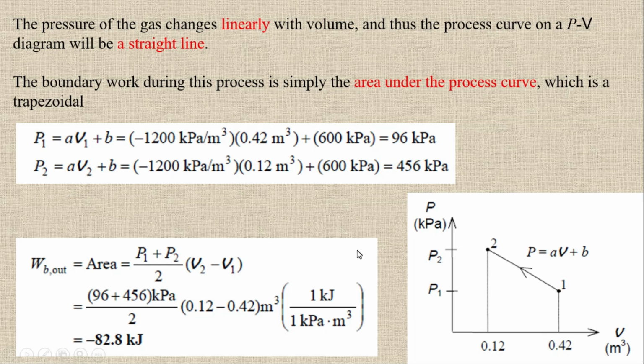In this way, you can easily find the work done. Alternately, you can draw a line from here to here, so you will get a rectangle here and a triangle here. For the rectangle, this length is P1 times delta V, and for the triangle, we get half times base times altitude, which is P2 minus P1 times delta V. Separately finding the areas of these two shapes and adding them, you will get the same answer, which is minus 82.8 kilojoule.